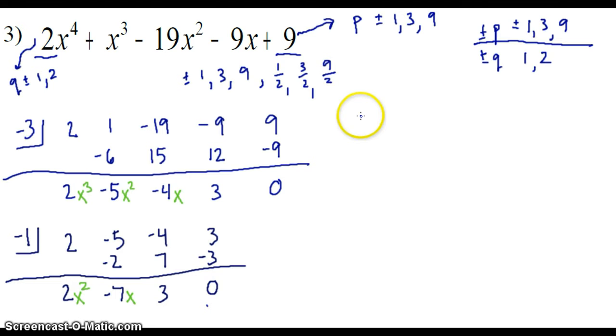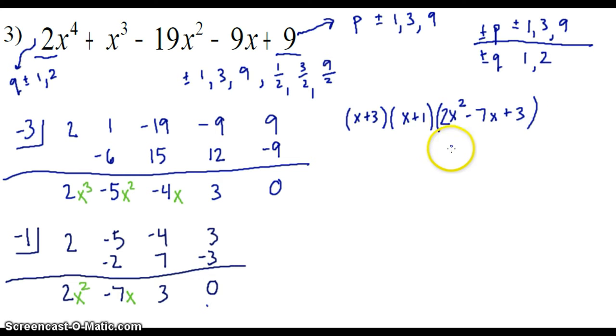Right now I have x plus 3 as a factor coming from here, and I also have x plus 1. And then I have the leftover quadratic, 2x squared minus 7x plus 3.